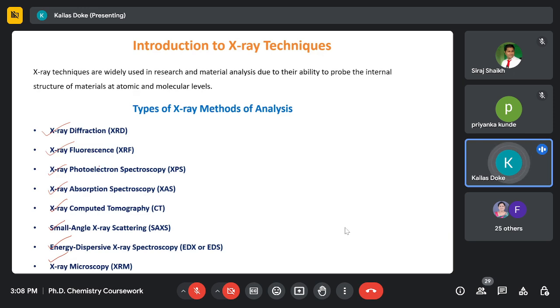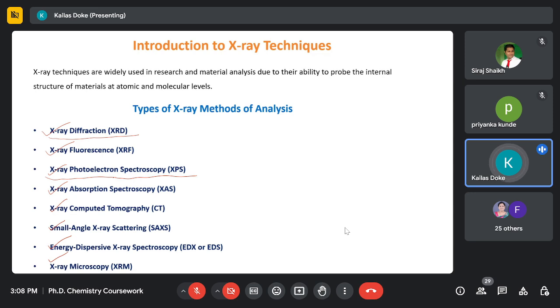And within 4 hours, to cover the techniques and applications of all these methods is highly impossible. So, with respect to research, nowadays X-ray diffraction and X-ray photoelectron spectroscopy are commonly used.